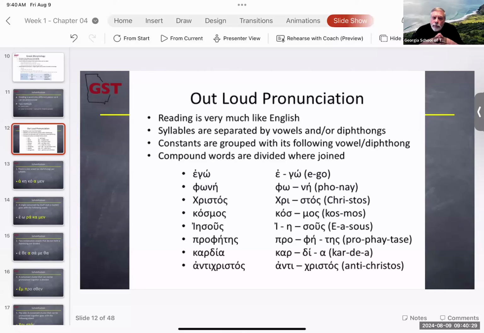And because they can be pronounced together, you do pronounce them together with the vowel that follows. So you get chri, and then same with the sigma and the tau: two consonants that can be pronounced together. And there's only one vowel, the omicron, followed by the sigma. So that is one syllable, stos, Christos. Make sense?